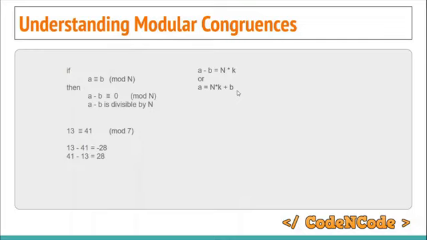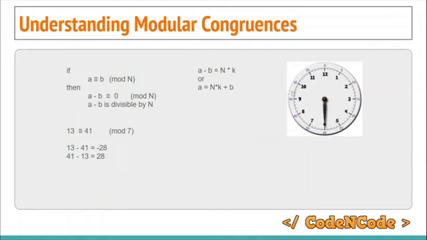To make this fact a little more clear, let's look at this analog clock. The clock is actually modulo 12. The reason is that every 12 hours, the hour hand is at the same position. What I want to say is that if the hand is currently at 6, then after 12 hours it would be again pointing at 6.